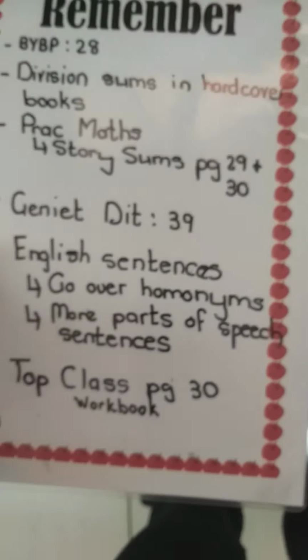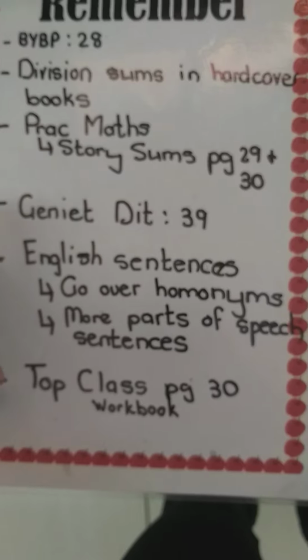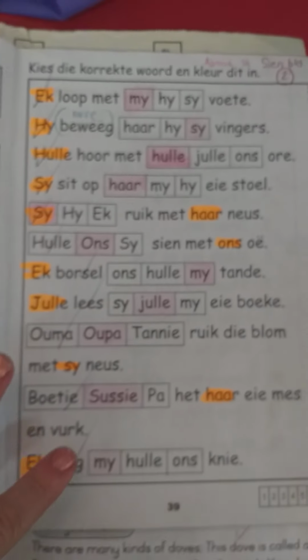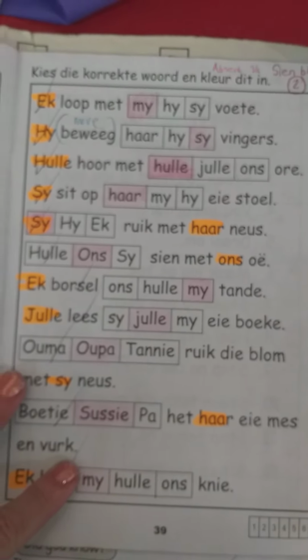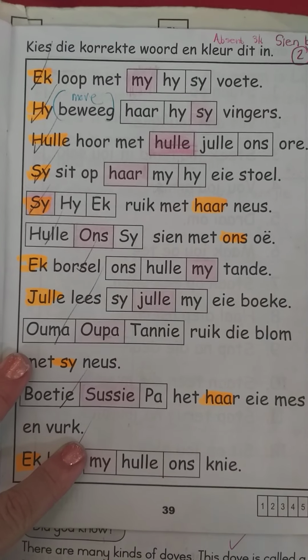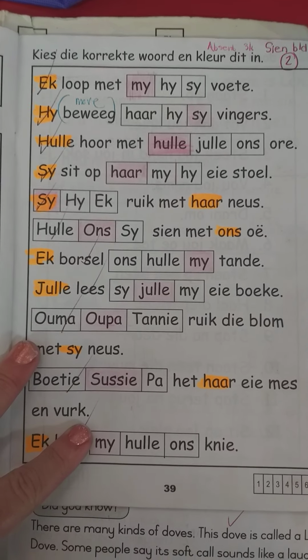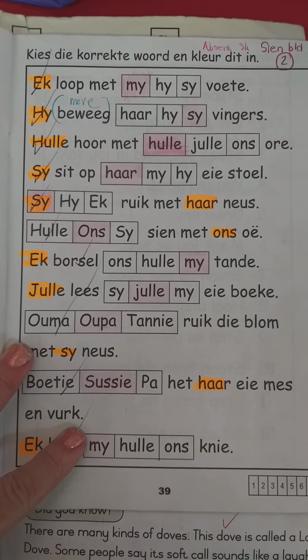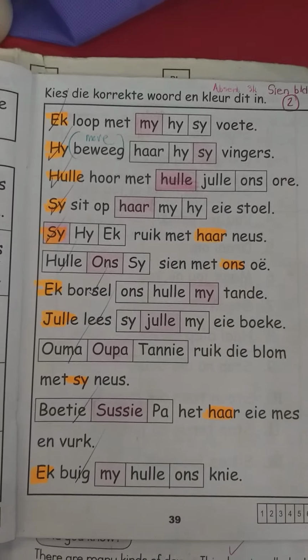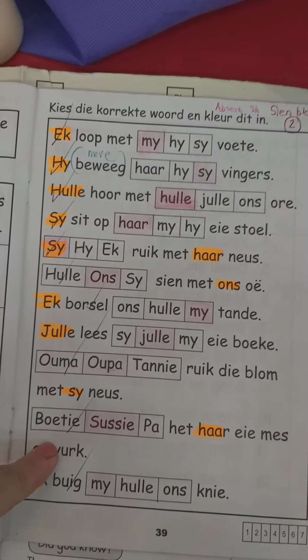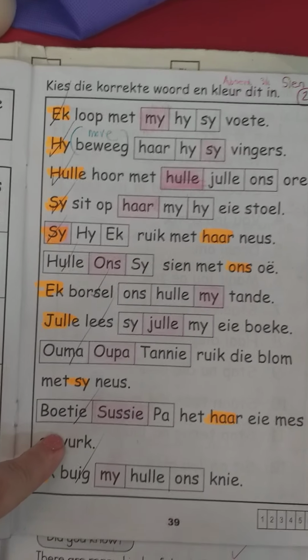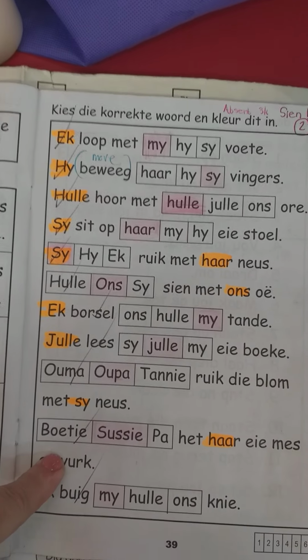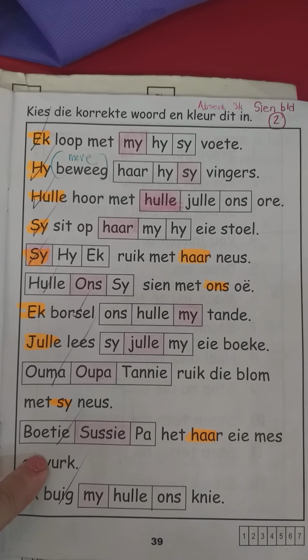Then the next thing on our list is Geniet Dit. On page 39, we are doing what we call voornaamwoorde, which are pronouns. Those little words like he, she, her, us, my that take the place of a person's name.